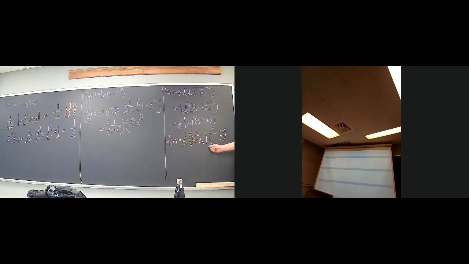So now we can simplify this even further. We can multiply our denominator by 5 and our numerator by negative 7.